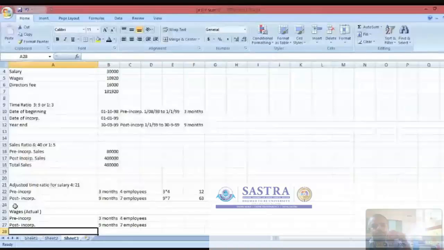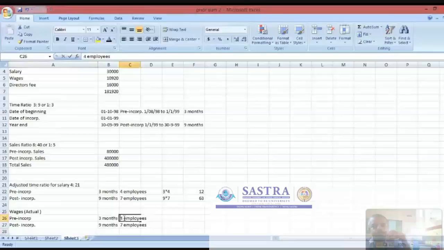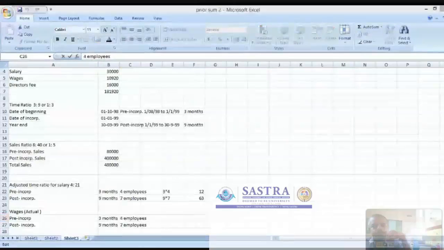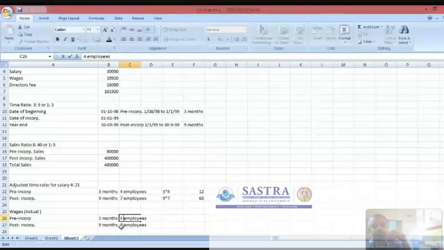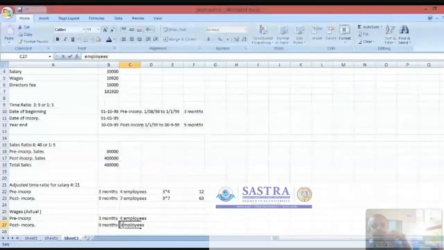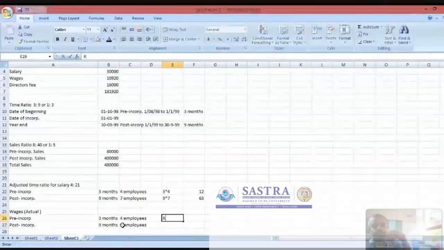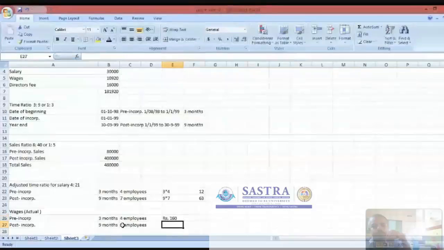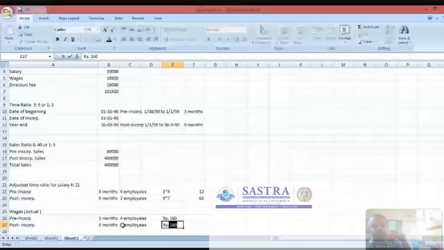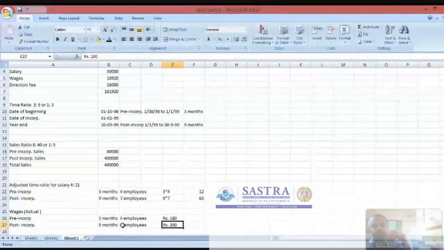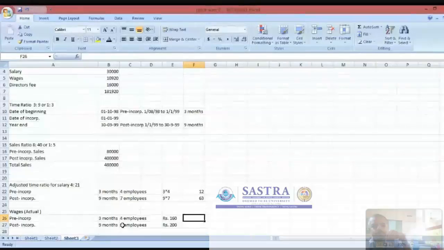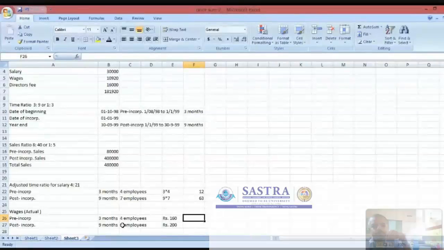Post-incorporation, 5 workers. Rate of wages, pre-incorporation 160. Post-incorporation wages rupees 200. So we cannot find out the ratio. If number of employees and number of months is given, we can calculate. Here number of employees is different, month is different, amount also is different. So that's why I mentioned wages actual.